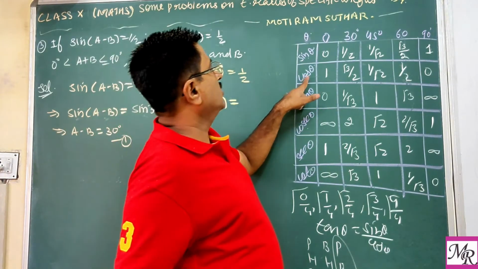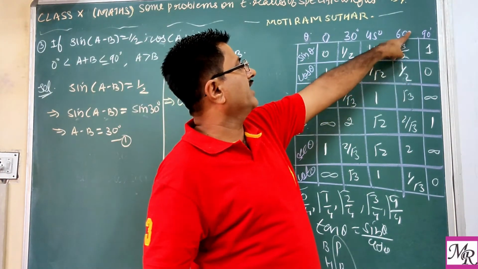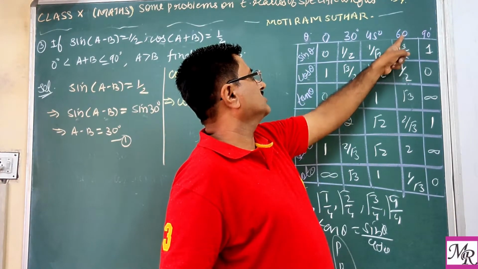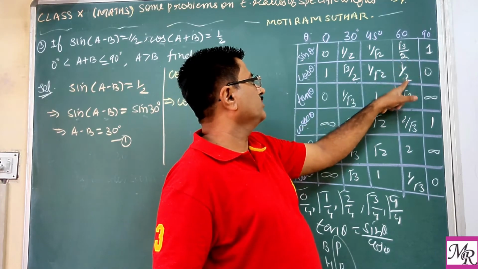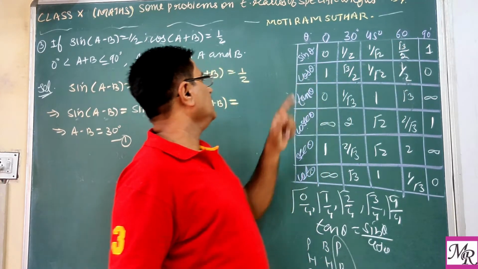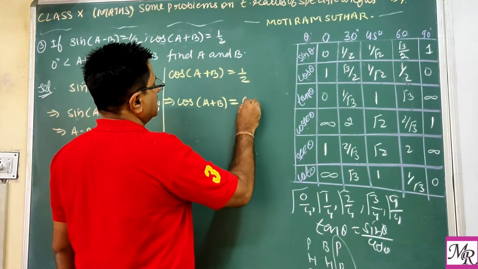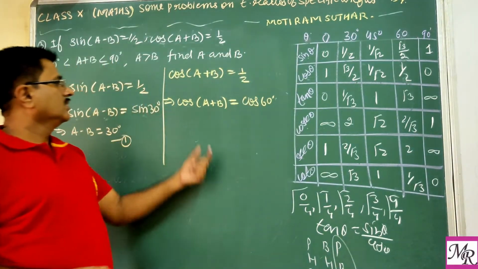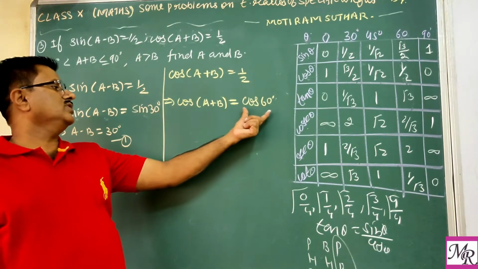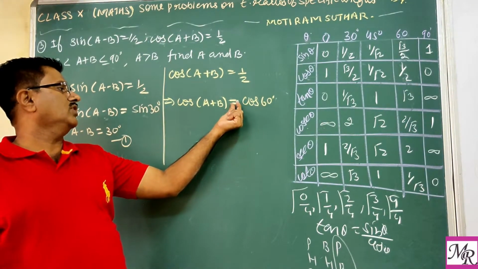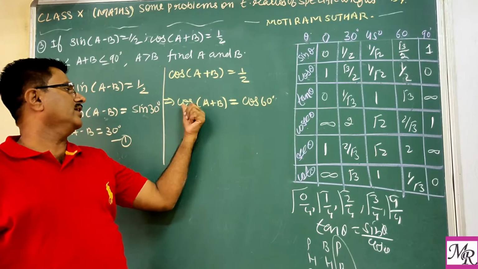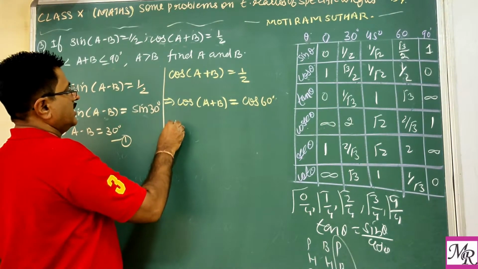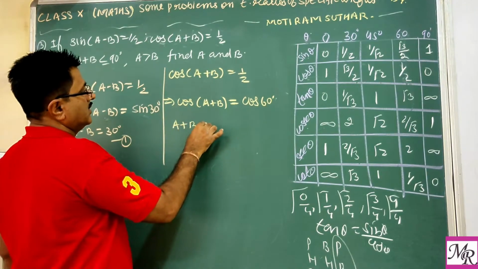So cos theta is 1/2 at what angle? 60 degree. So cos 60 is 1/2. So 1/2 can be replaced by cos 60. So again here you get cos of A plus B equal to cos 60. Both sides contain the same operator, they can be removed. So we get A plus B equal to 60.